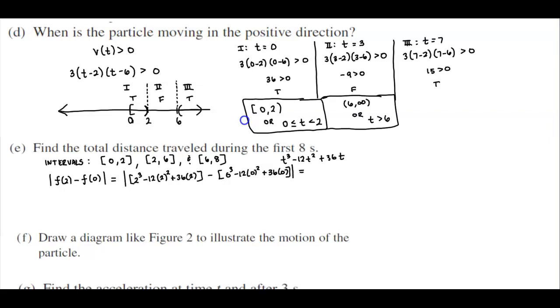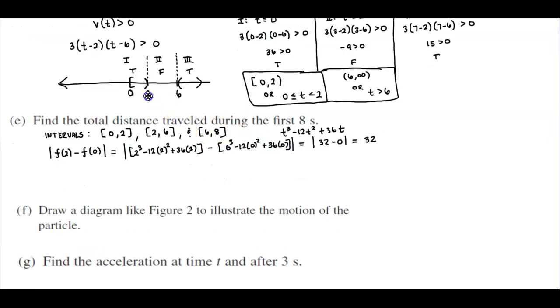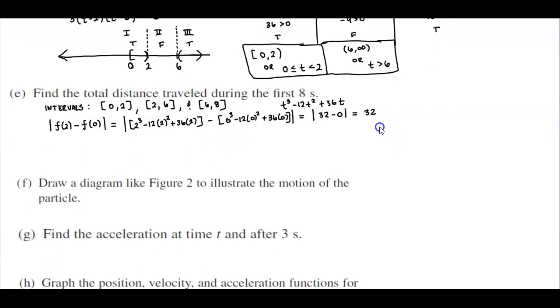And so what that gives us is 32 minus 0, which gives us a distance of 32. So from traveling from 0 to 2, we can see that it gives us a distance of 32.